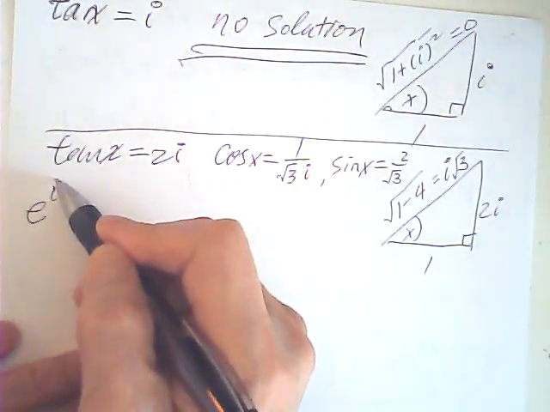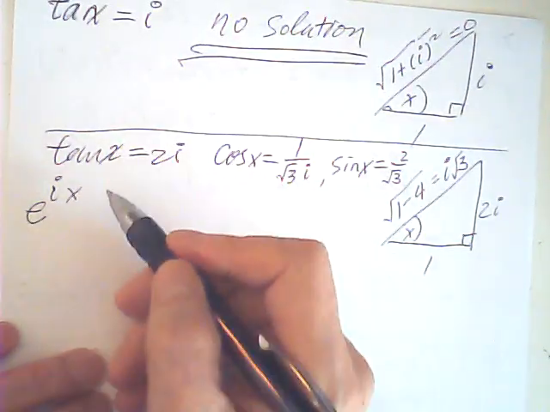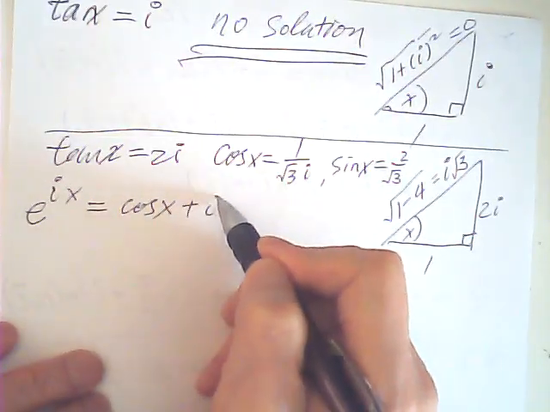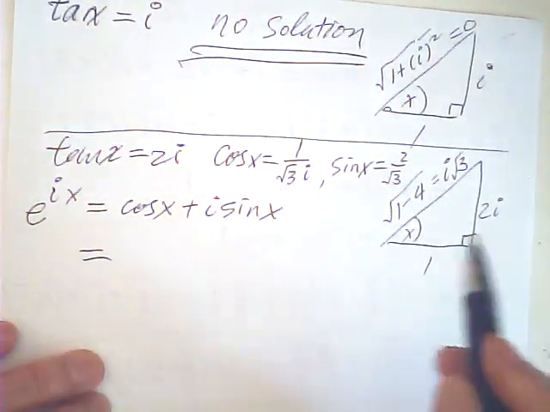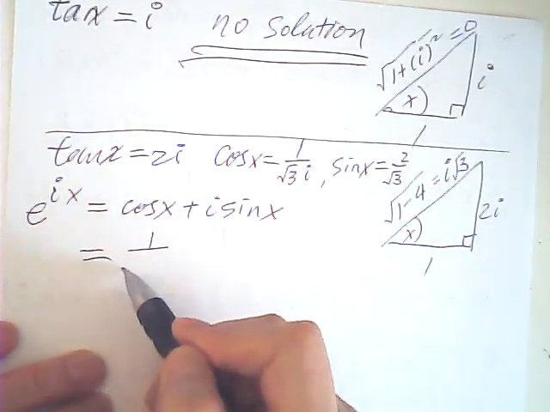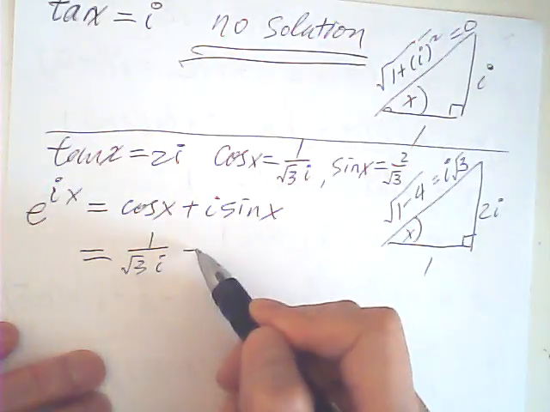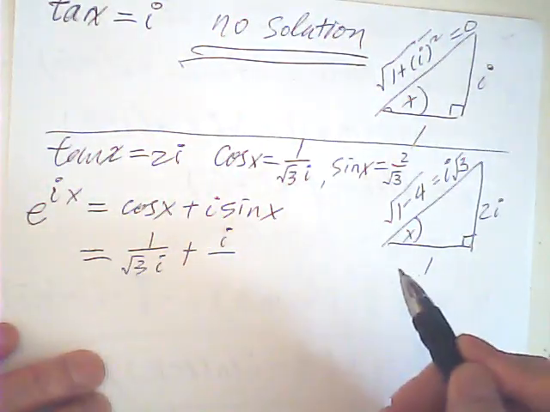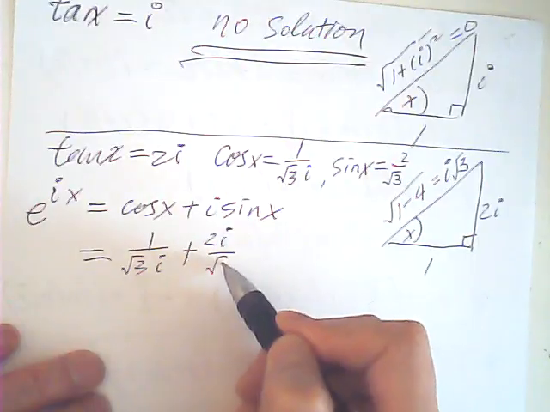And e to the ix is equal to cosine x plus i sine x, which is equal to 1 over root 3i plus i over 2i root 3.